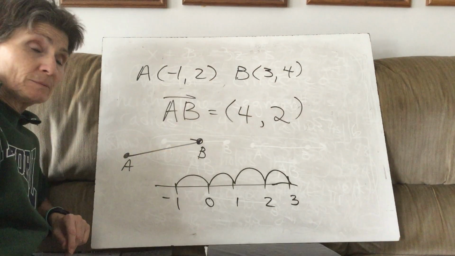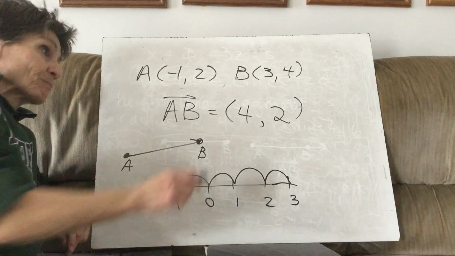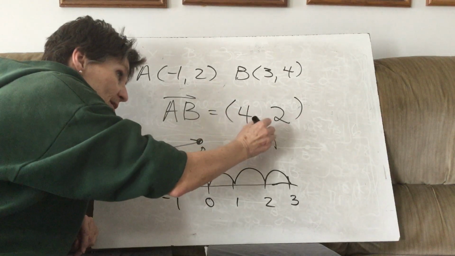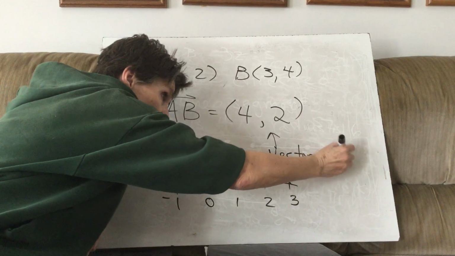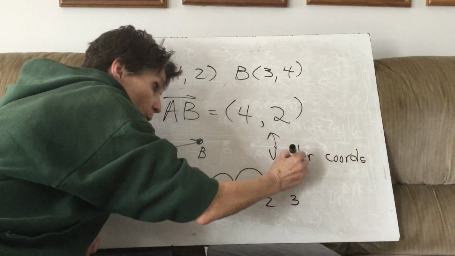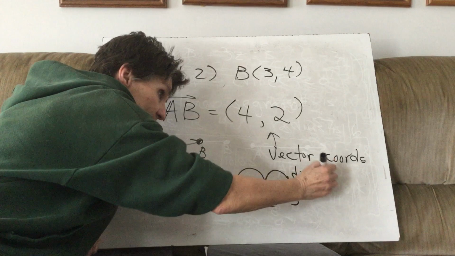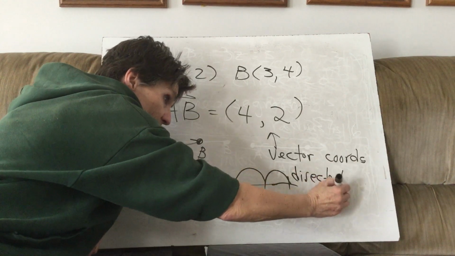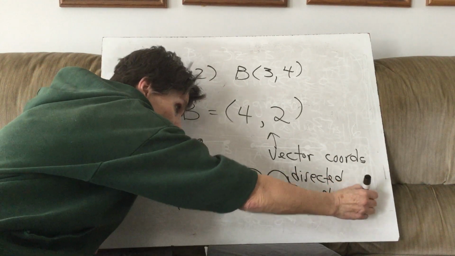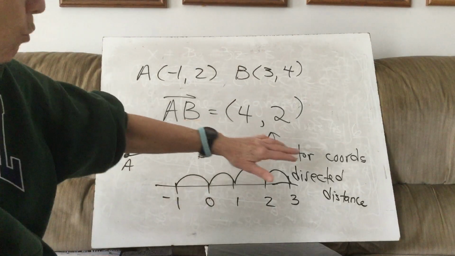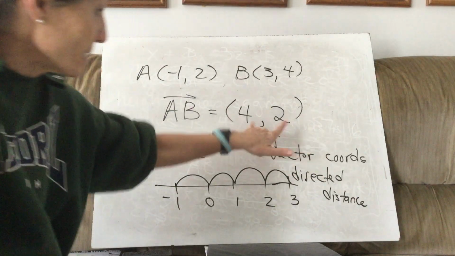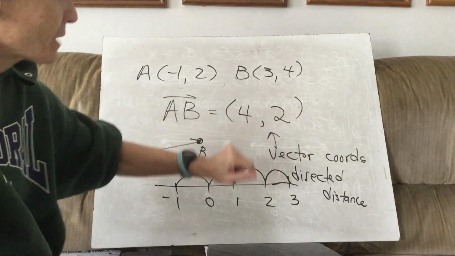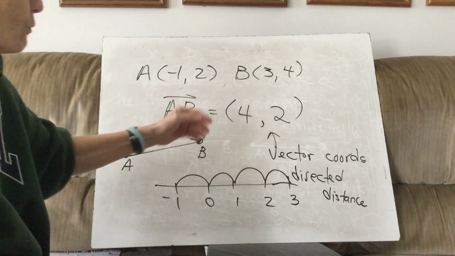4 minus 2. Now, this right here, these guys are called the vector coordinates, or sometimes we call it the directed distance. Now, I think the vector coordinates terminology makes a lot of sense because that looks like a coordinate, and it describes the vector's movement.